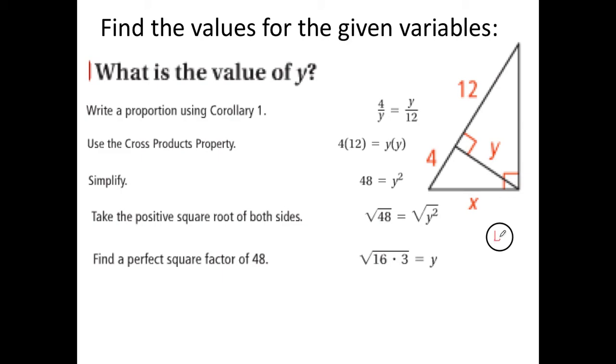So if you were stuck here and you weren't sure, you would just have to ask yourself what times what gives you 48. 48 times 1 gives you 48, and 16 times 3 gives you 48.